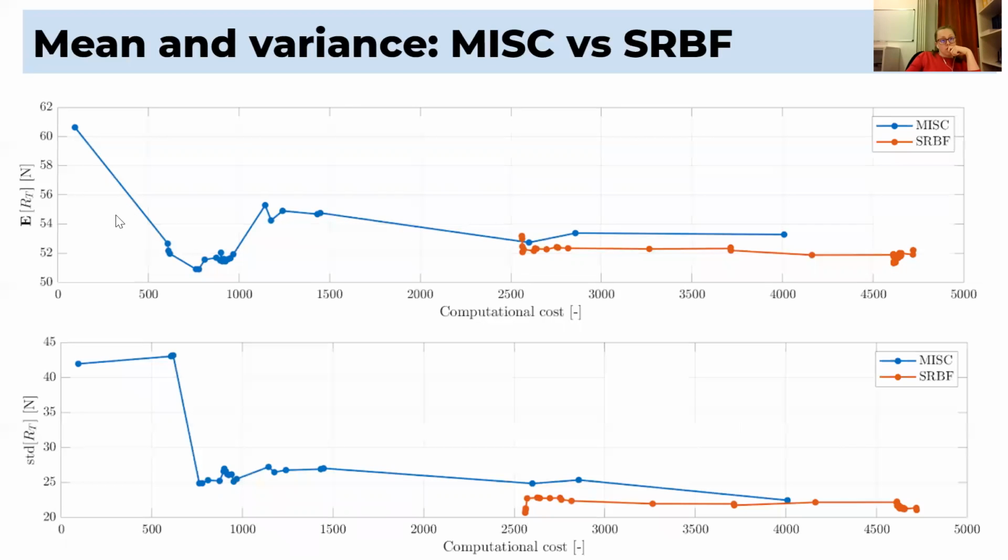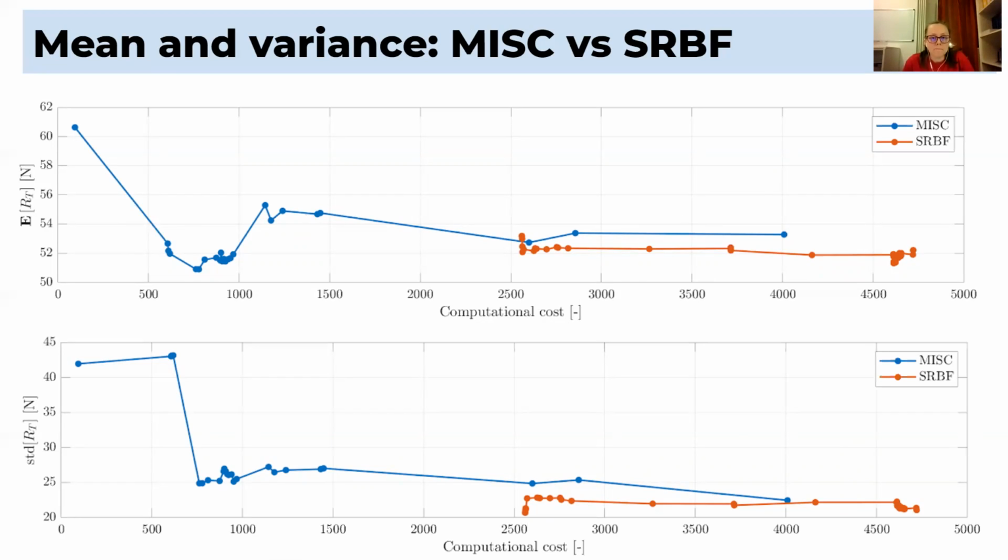We can first of all observe that both of them converge towards similar estimates, about 52 and 53, let's say, of expected value of the resistance.